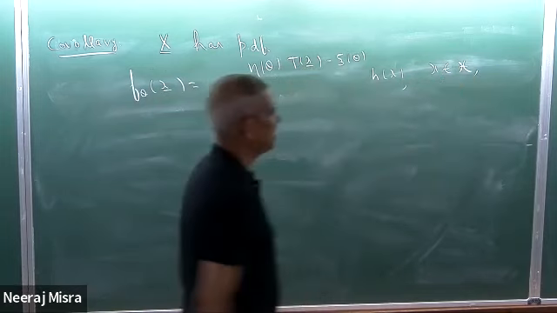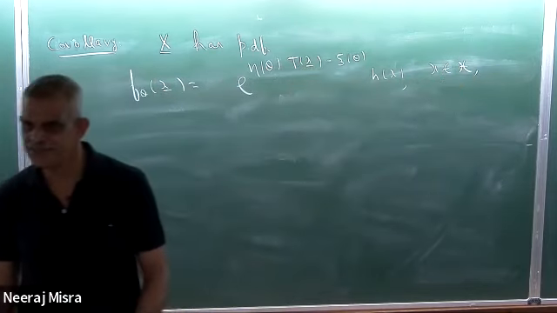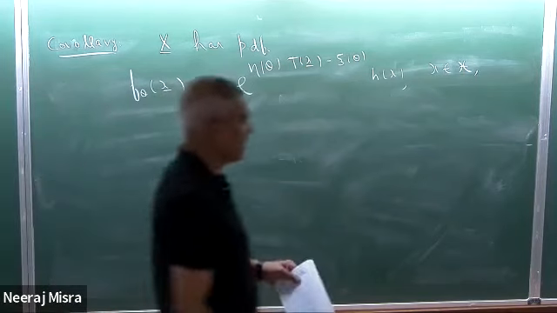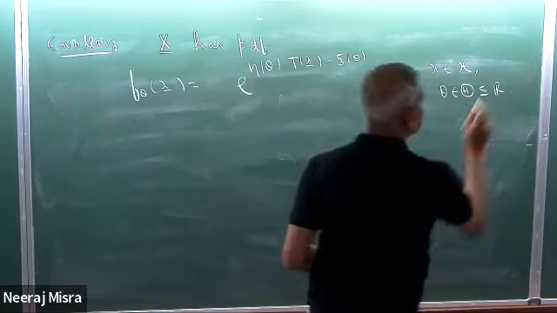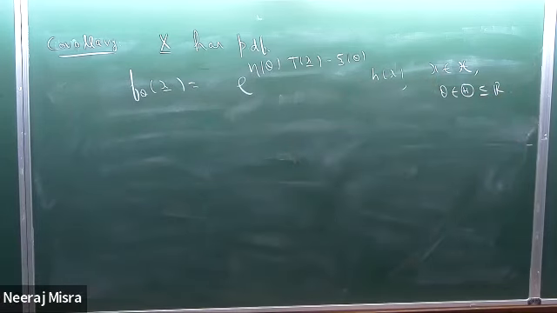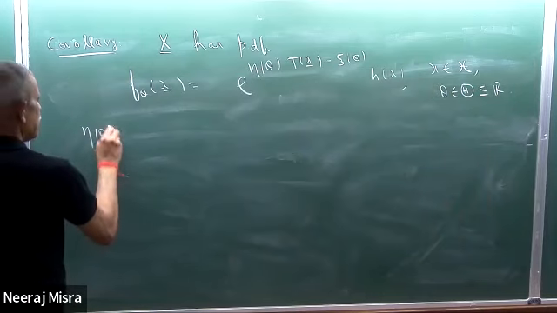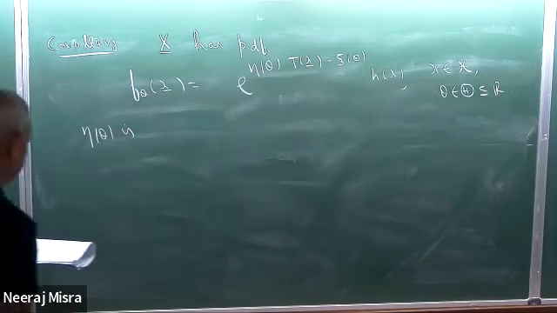X belongs to some space chi where h x is positive, theta belonging to capital Theta, which is a subset of the real line. And I assume that eta theta is increasing.